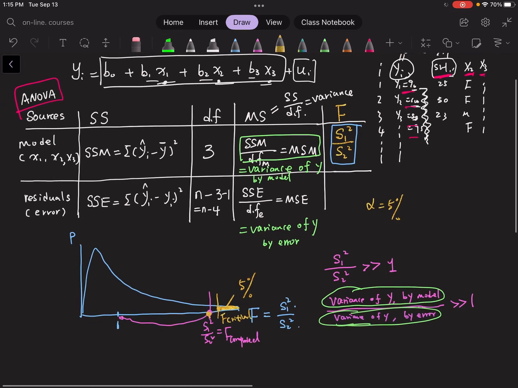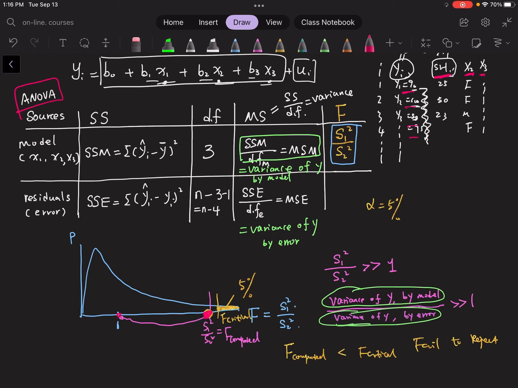You can conclude that F computed is less than F critical, or F critical is more extreme, so you fail to reject the null hypothesis. This value is not statistically significantly greater than 1.